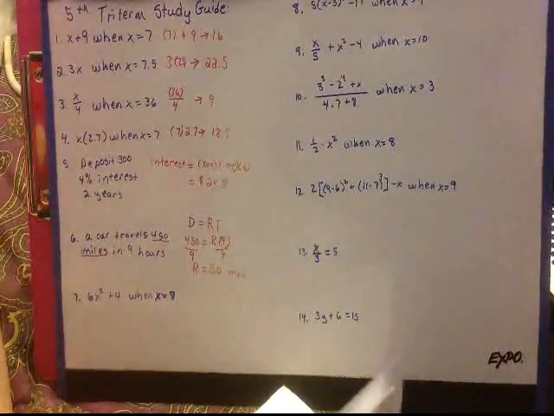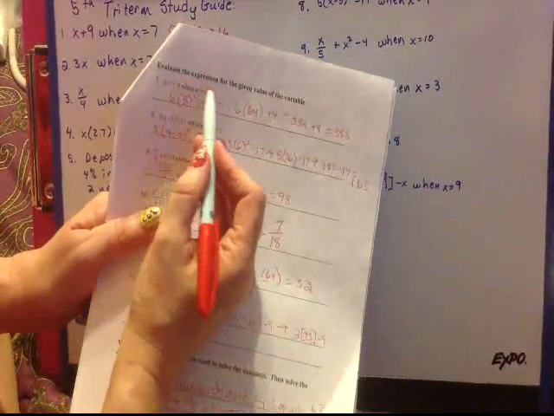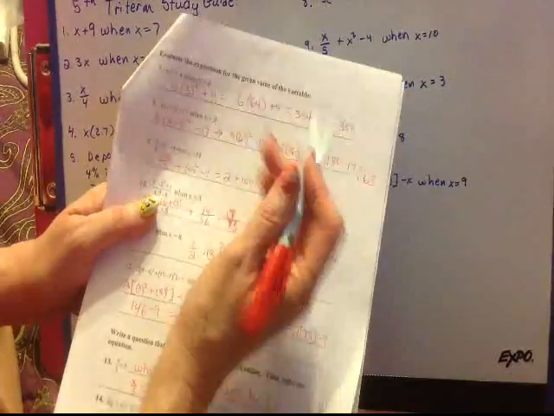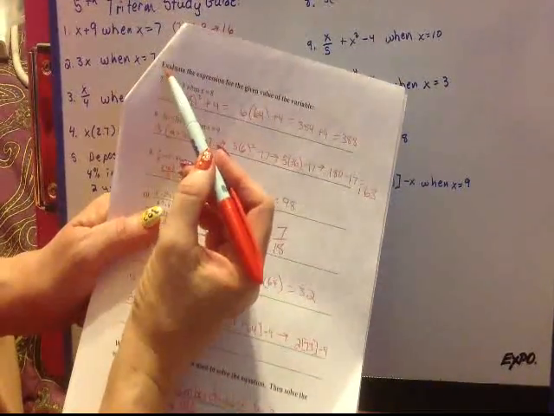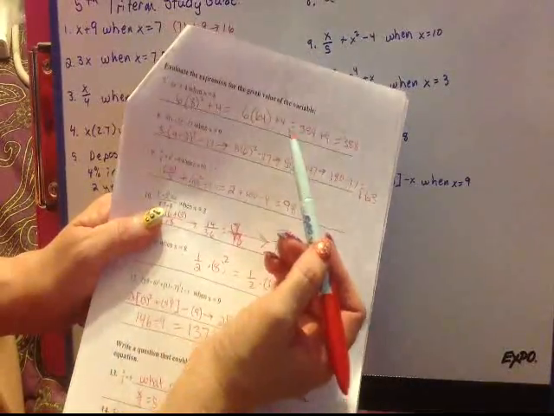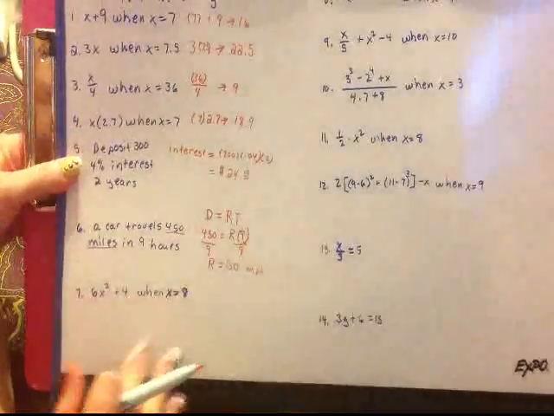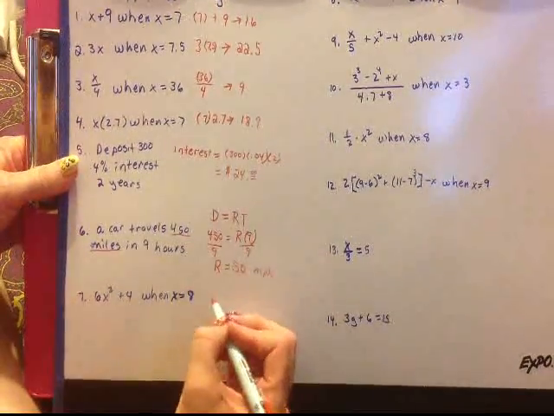We are now on page 2 of our study guide. These instructions say to evaluate the expression for the given value of the variable. Earlier in this review, I told you to remember that evaluate means to substitute, then to solve. So here is our expression: 6x squared plus 4 when x equals 8.